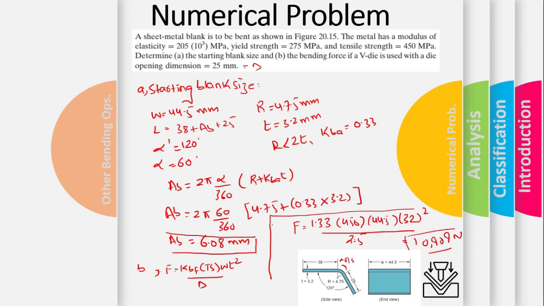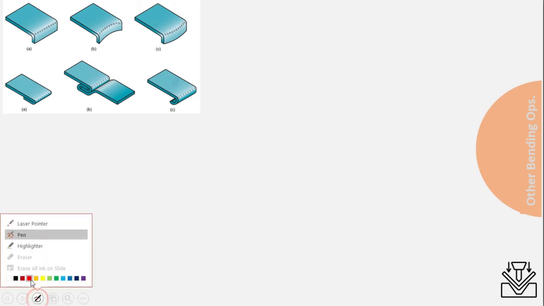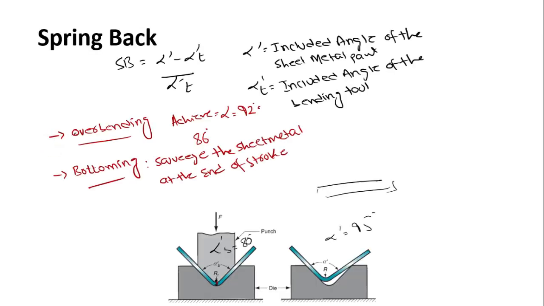So beside the general operations of the bending, there are some specialized operations, known as other bending operations. So we have 3 different types of the bending operation.